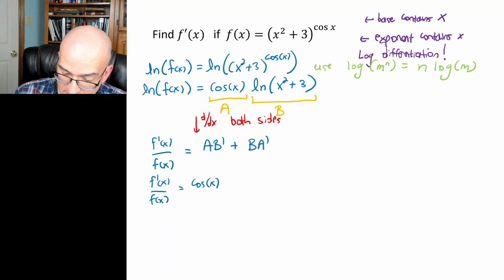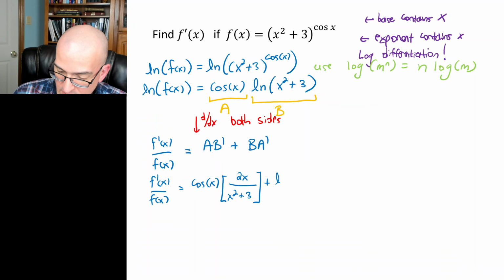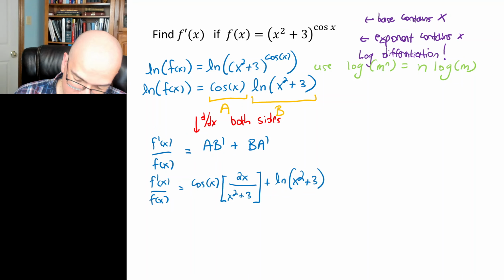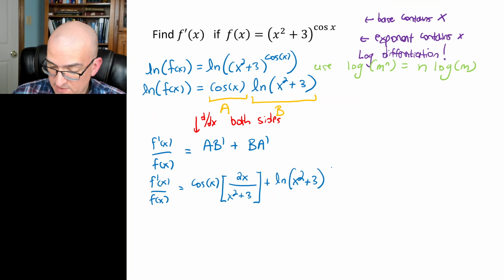That's a w prime over w. So 2x over x squared plus 3 plus b times a prime, the ln of x squared plus 3 multiplied by the derivative of the cosine of x, which is negative sine of x.